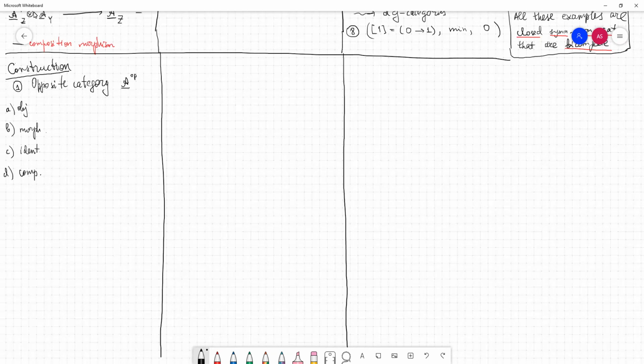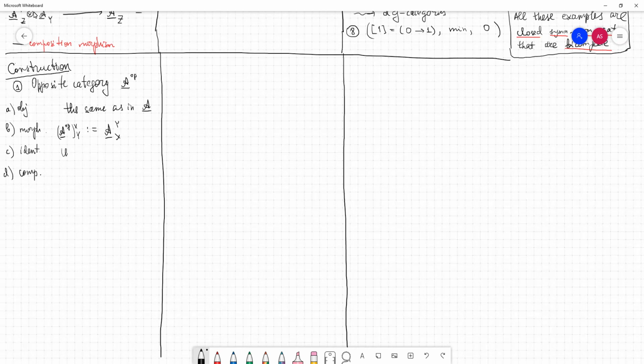So who are the objects? Objects are the same as in A. Morphisms: A op from X to Y is defined to be A from Y to X. That's straightforward. Identities.